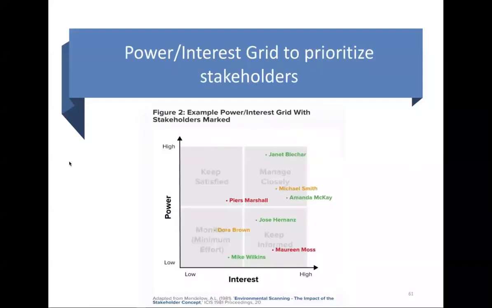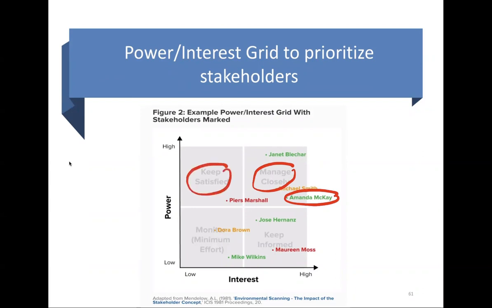The following graph is an example of the power and interest grid with stakeholders marked. Maybe Amanda McKay is in group number 2, which we would need to manage closely. She has high interest and high power.